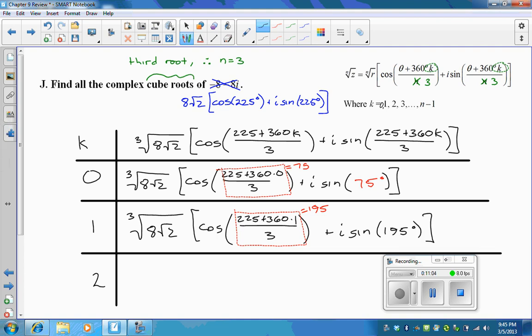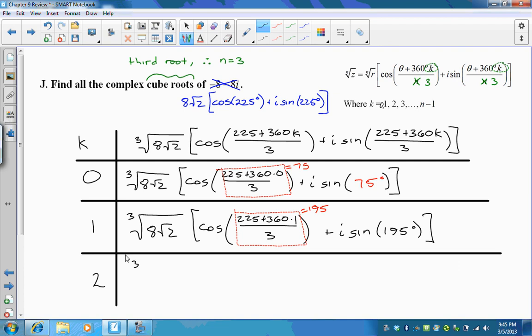And then my final one, the cube root of 8 square root of 2 times the cosine of 225 plus 360 times 2 all over 3. And when you punch that in, you're going to get, I think, 315.